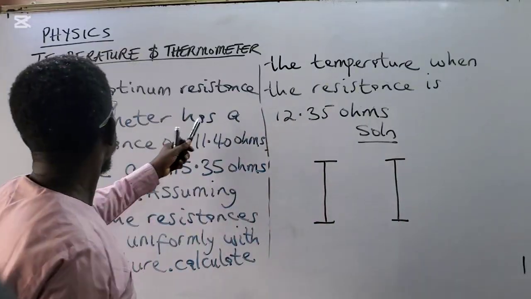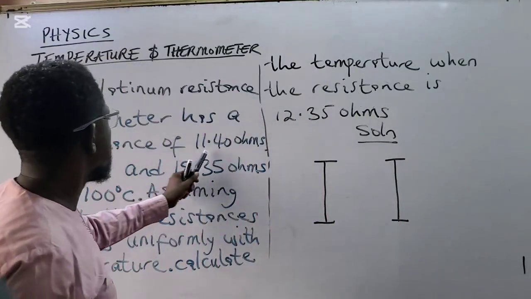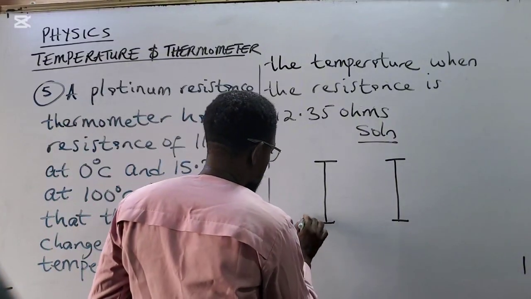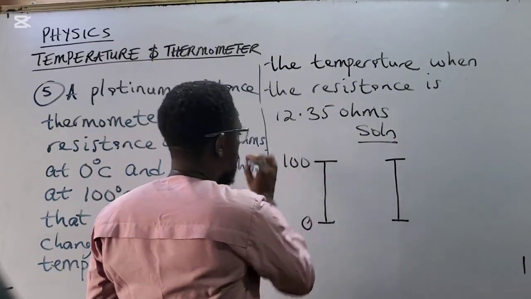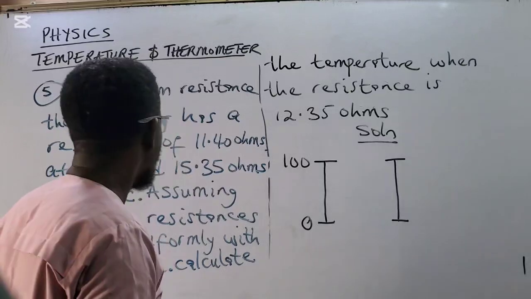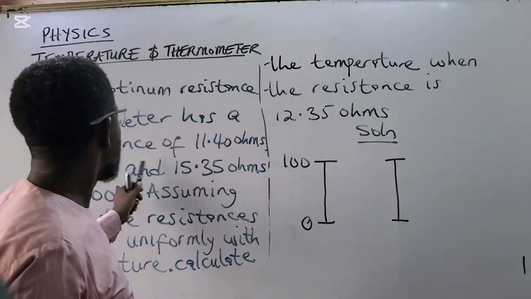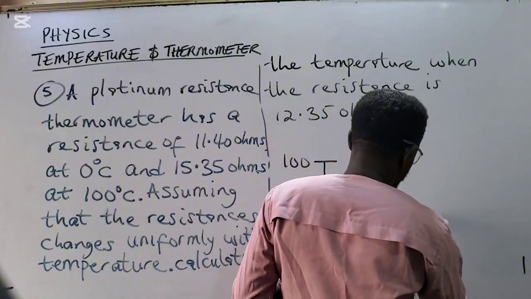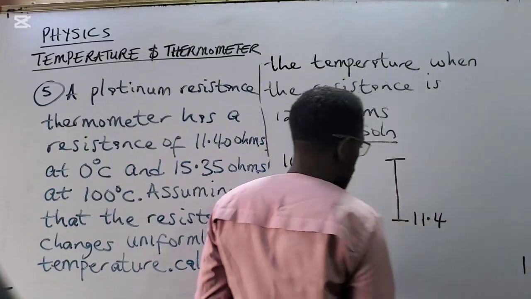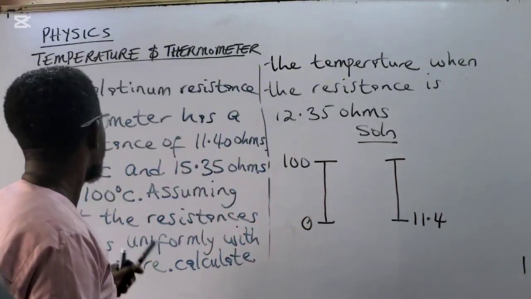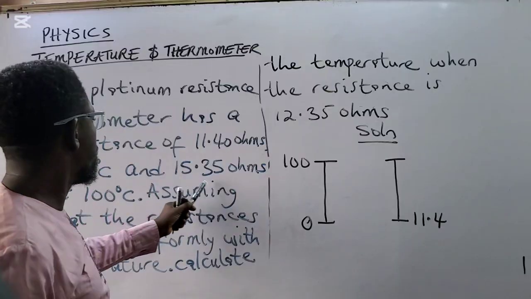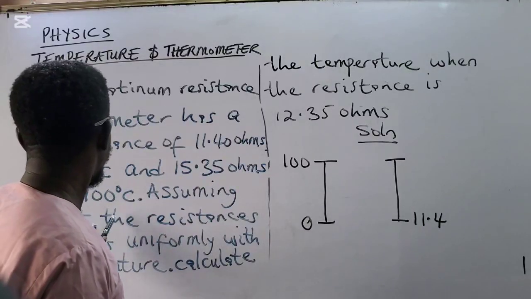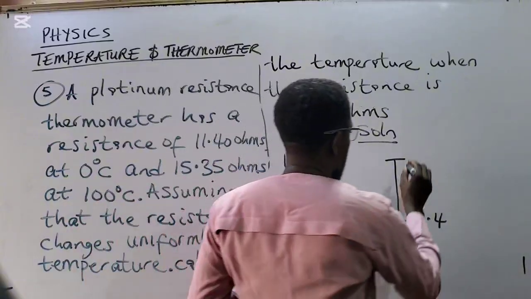Now it says the thermometer has a resistance of 11.4 at 0 degrees C. Remember I said you put 0 down here and 100 up, so the interval is 100. So you have 11.4 at 0, and 15.35 at 100.